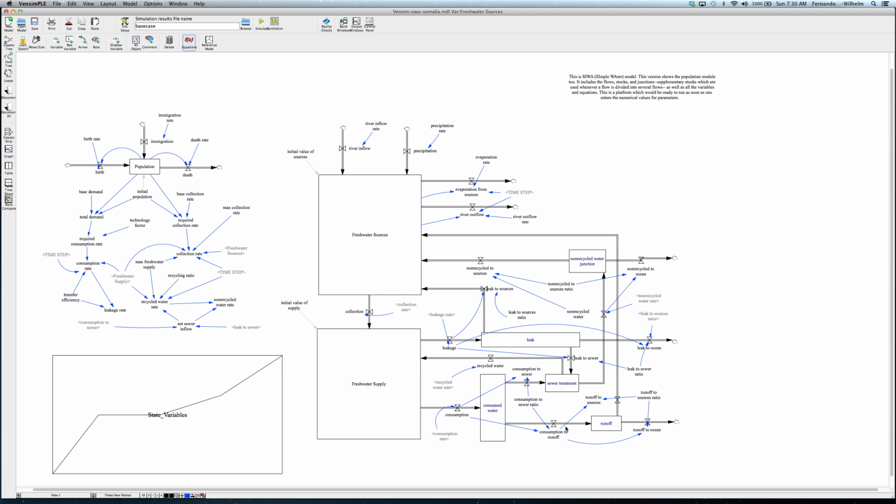A fraction of it goes back into the sources. It returns, and this might be, for example, infiltration into groundwater, or it goes back to a river that is again used as a water source. The other part of the consumed water that doesn't go into runoff goes into sewer treatment.